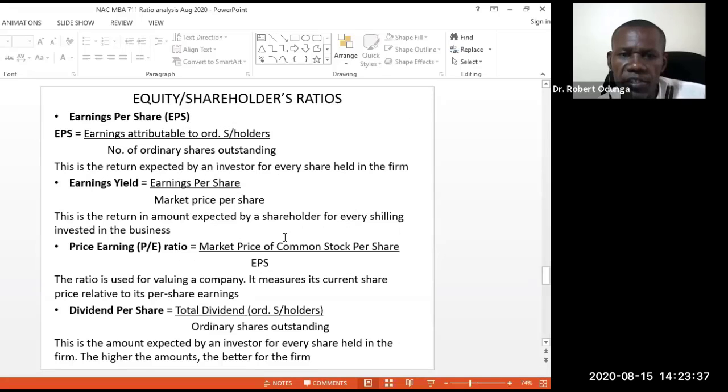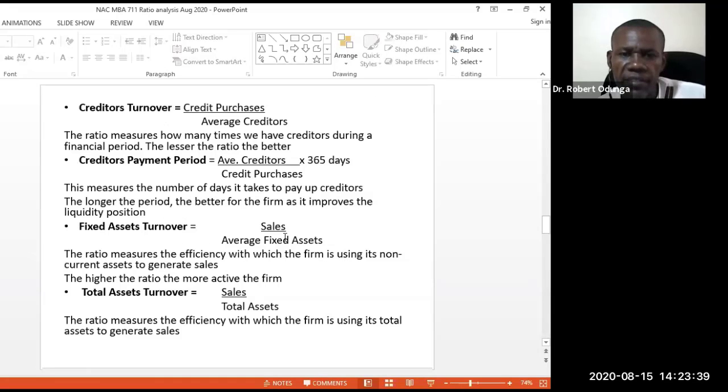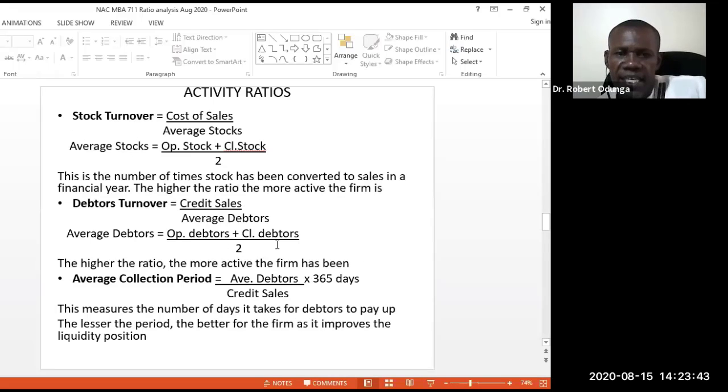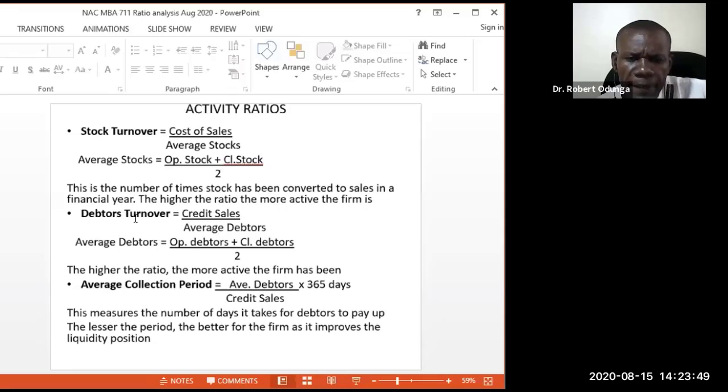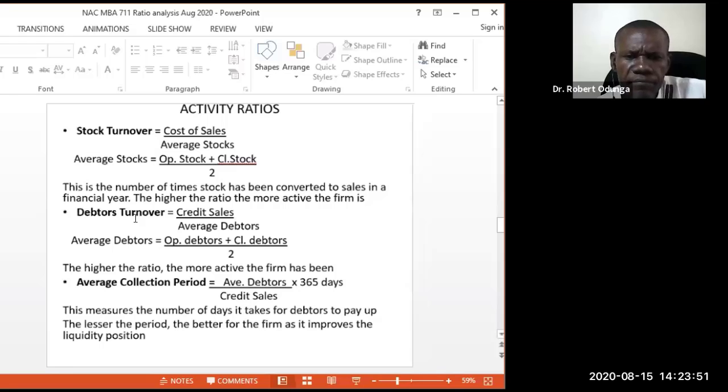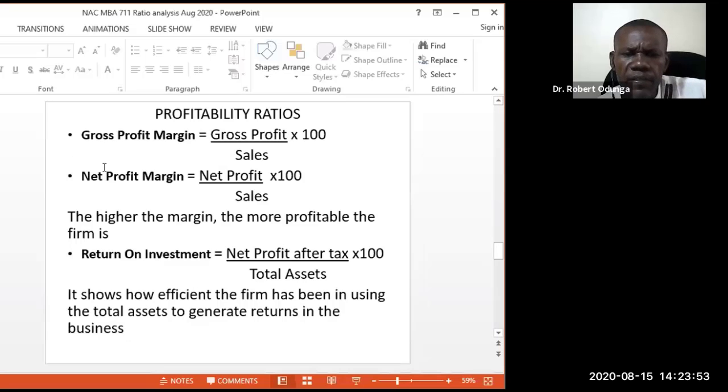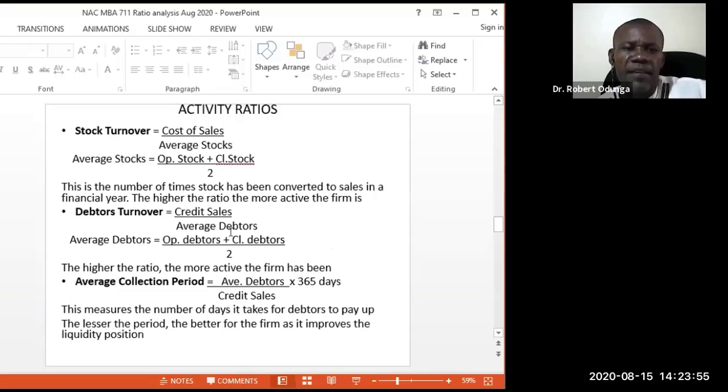The ratios that will give us these are activity ratios, and activity ratios we had seen we have the stock turnover, debtors turnover, right? And then we have the average collection period for debtors.